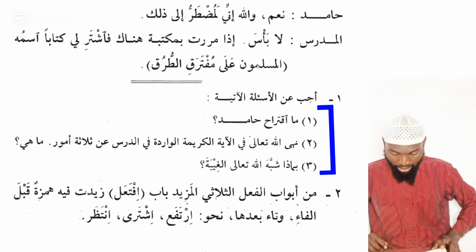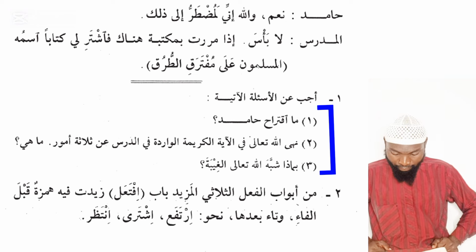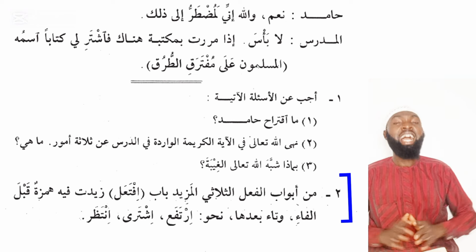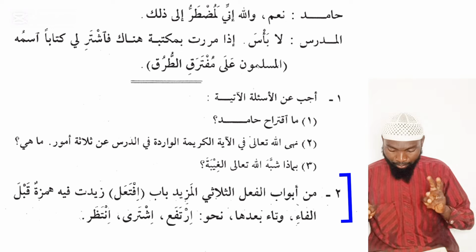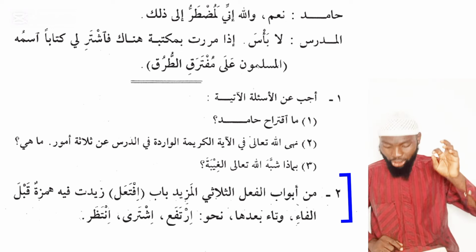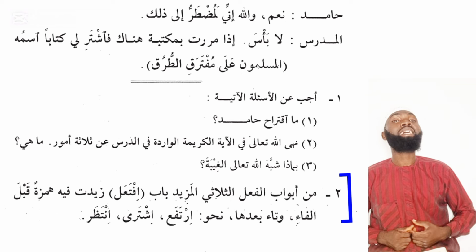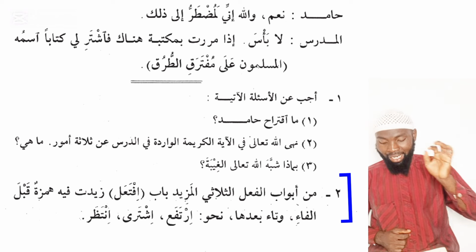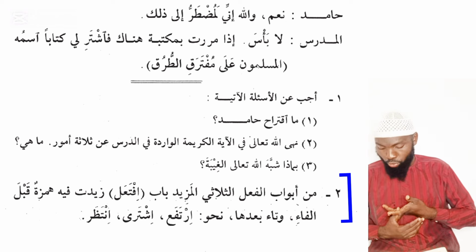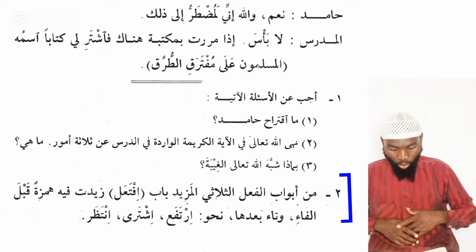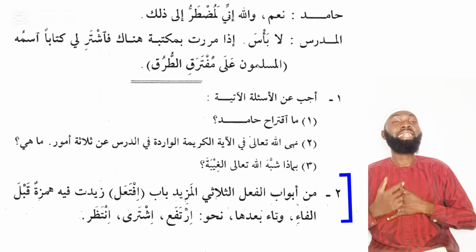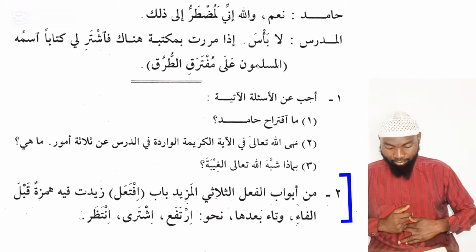Now, here again we have number 2. We have here min abwabil fi'li ath-thulathi, among the patterns of a triliteral verb, al-mazid, which has an addition. Babu ifta'ala is the pattern of ifta'ala. Zidat hamzatun, a hamza has been added qabla al-fa, before the fa, wa ta ba'daha, and a ta has been added after the fa.